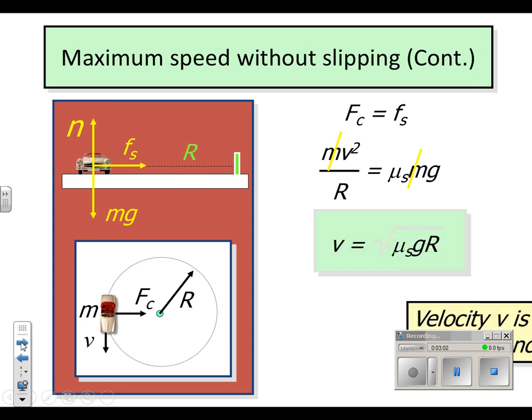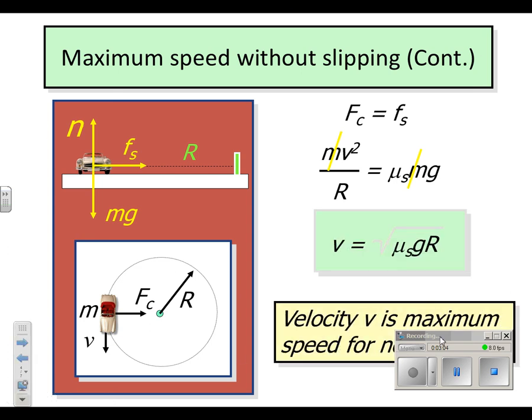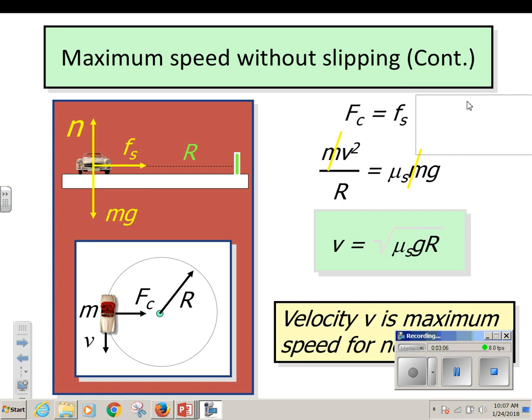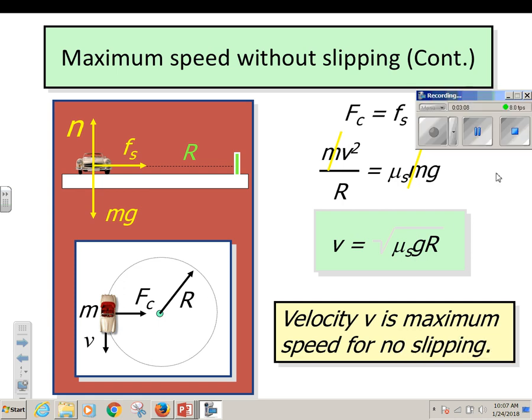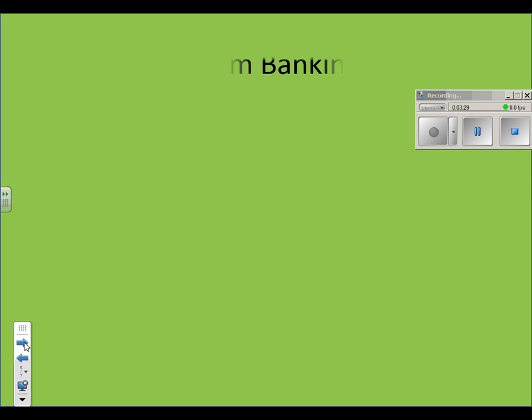And when we do that, we would have v equals the square root of our coefficient of static friction multiplied by our gravity multiplied by our radius of our curve. So this is, again, the velocity for the maximum speed you can negotiate a curve without slipping or sliding off of it.